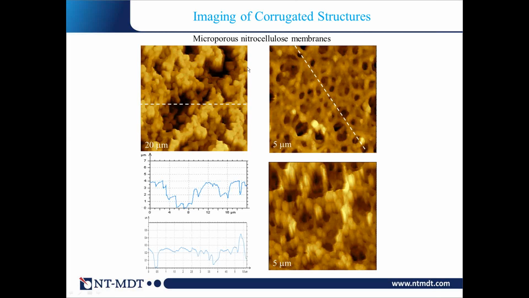Even if you do another type of nitrocellulose membrane, which is not as corrugated as this extreme one, here there is corrugation of slightly less than half a micron. Here you see, if you image with irregular tips, which have an opening of 35 degrees, you can often have this kind of artifact.